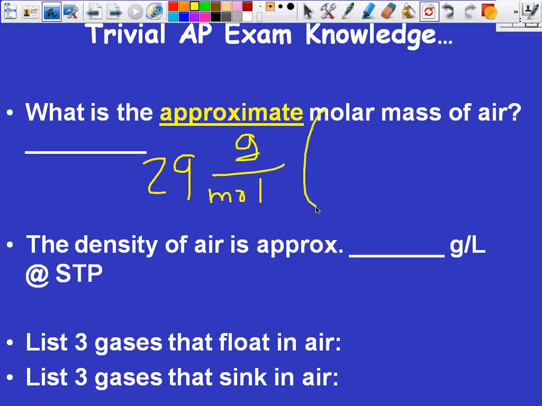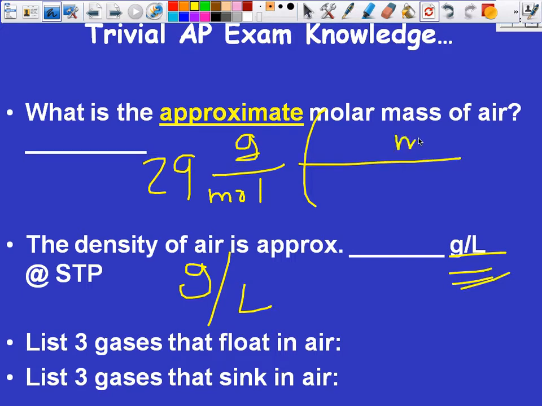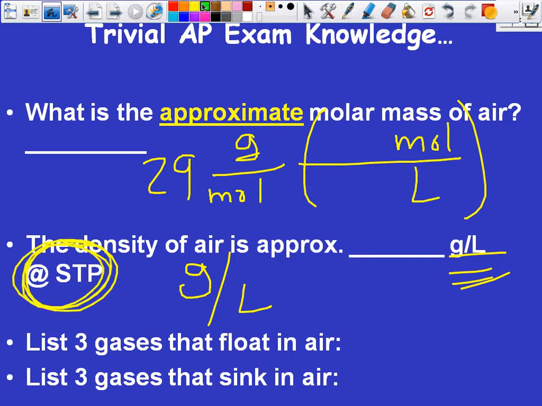We want density, which is what? Grams per liter. So we need to get rid of moles. If moles is on the bottom, where do we need to put moles? If you said on top, very good. And then we do have a conversion because it says at STP. This is that all-important formula that in 1 mole you have 22.4 liters, which is exactly what we just said a minute ago. And if you divide these numbers, you come out with about 1.3 grams per liter.